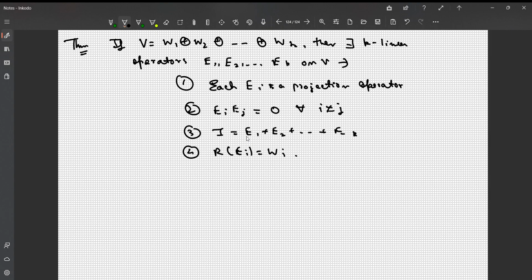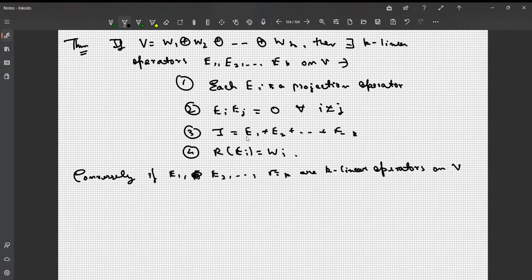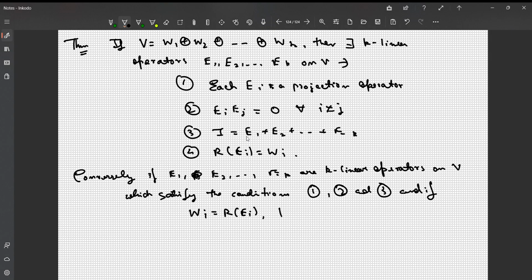Right? We are concerned about proving the converse. So conversely, if E1, E2 till Ek are k linear operators on V which satisfy the conditions 1, 2 and 3, and if Wi is the range of Ei, then V can be written as a direct sum of these subspaces.